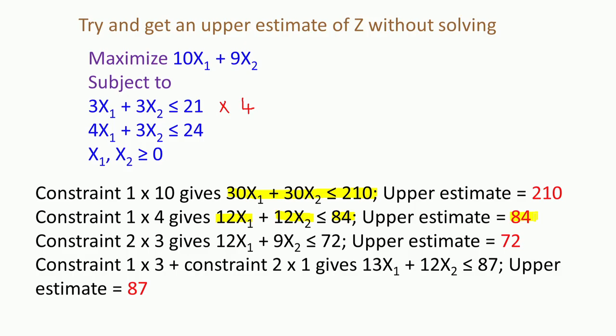So far, what have we done? Based on multiplying the first constraint by 10, we said the upper estimate is 210. Based on multiplying the first constraint by 4, we have said that the upper estimate is 84. Between the upper estimates of 210 and 84, 84 is more meaningful, because saying the objective function cannot exceed 84 is more meaningful than saying it cannot exceed 210.